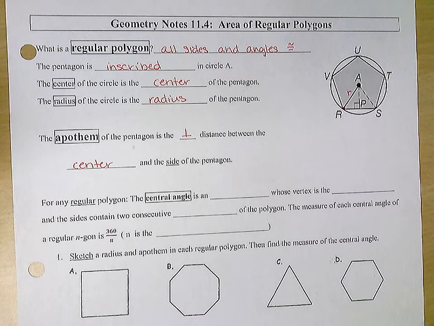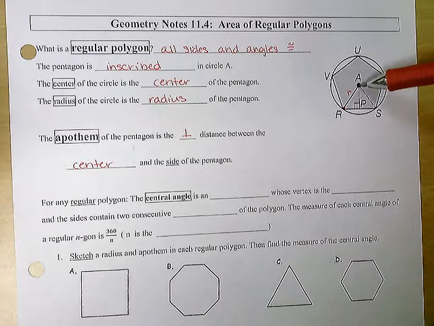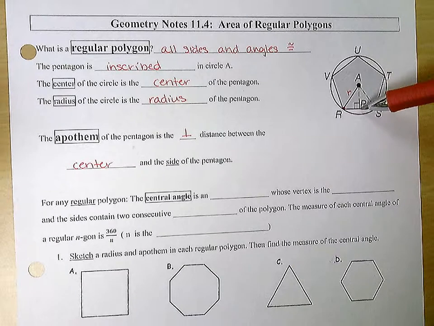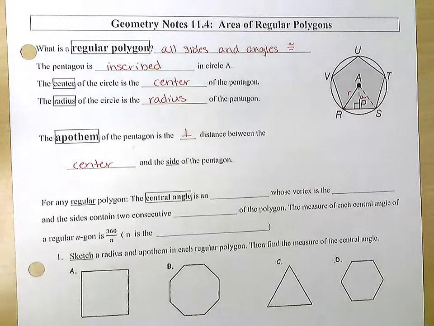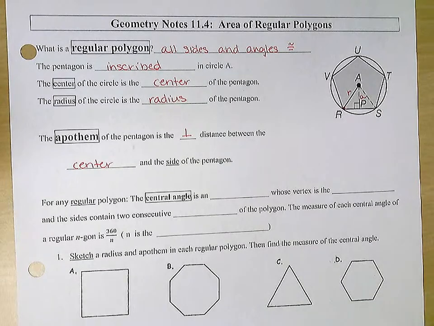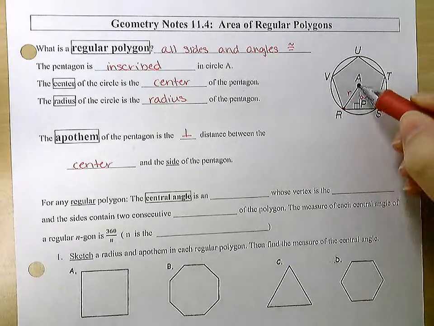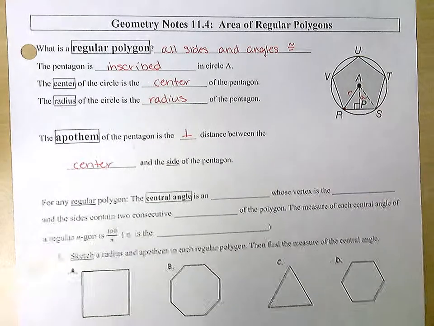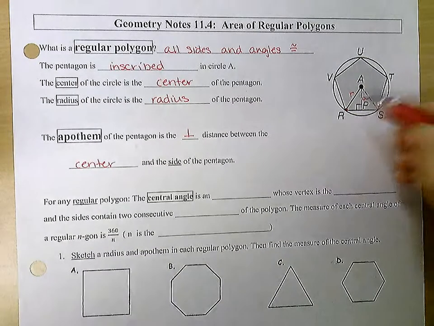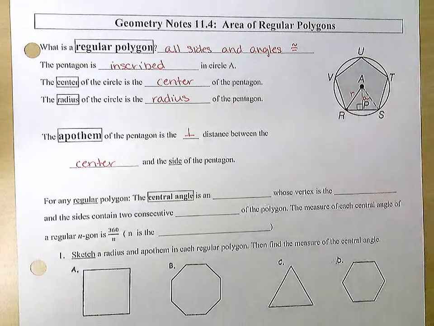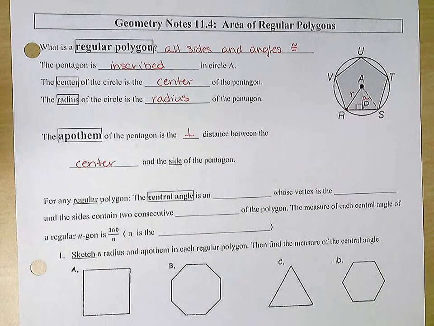So from the center point to the side and perpendicular to that side is an apothem, and we label that as A. It has to be that perpendicular segment to that side. And what you'll notice is that you create a right triangle with those two segments and half of that bottom segment there. Okay, questions so far?